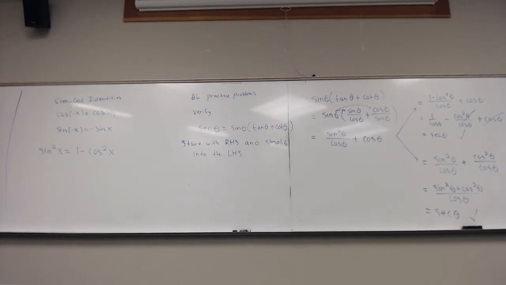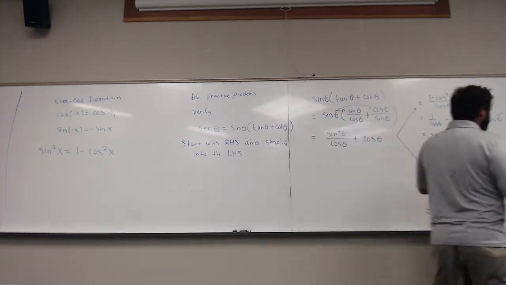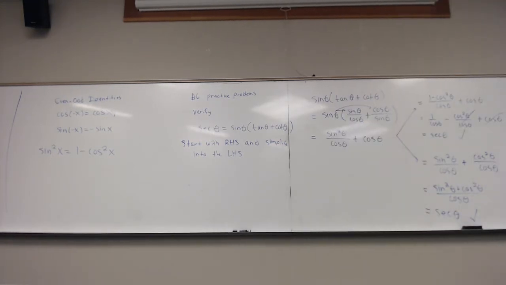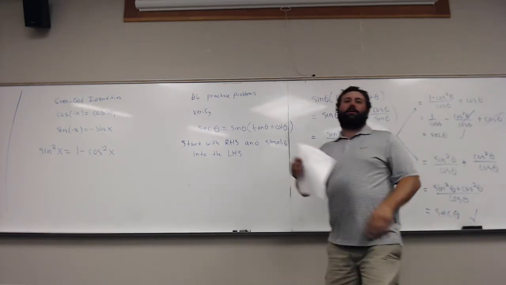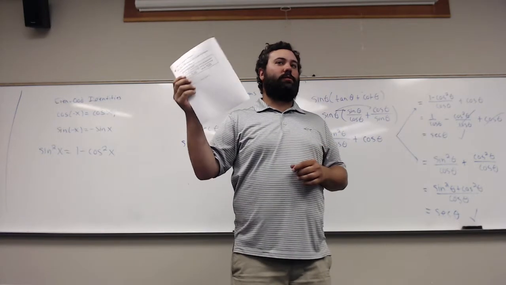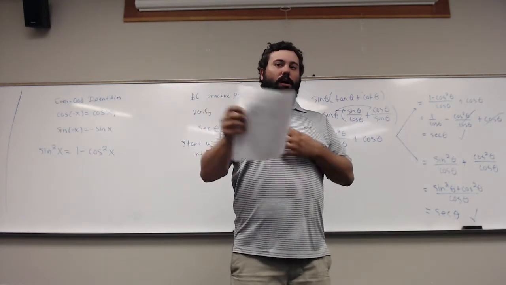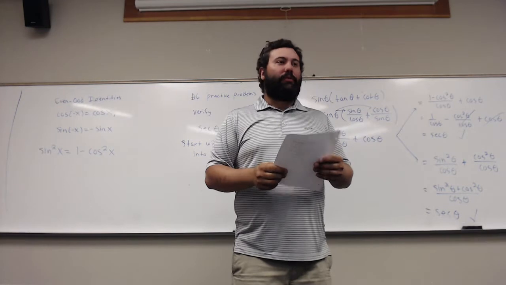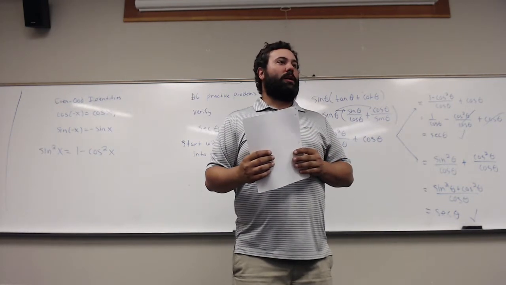Okay, so today we're going to learn sum, difference, and double angle identities. We're going to first do the sum and difference identities. Now, if you want to, you can read in the book. There are some pictures and an interactive figure that explains where these identities come from. Although I don't think it's worth spending the time on it in class.